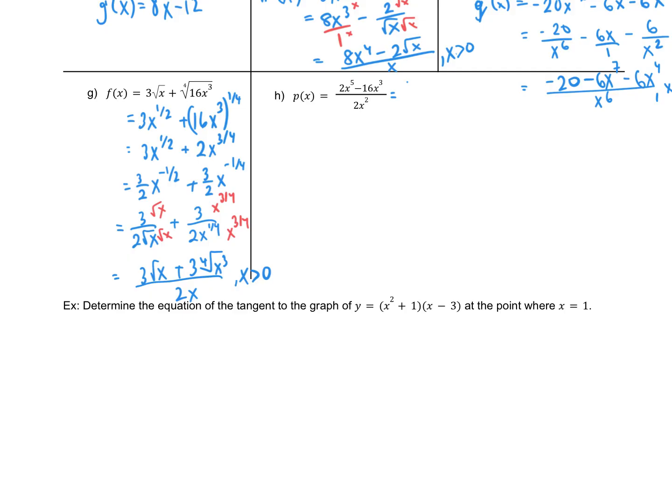Now, normally I would take out 2x cubed, but I really just need the denominator to disappear, so I'm only going to take out 2x squared, so that I'm left with x to the 3 minus 8x all over 2x squared, and then these go away. And now our derivative is 3x squared minus 8.